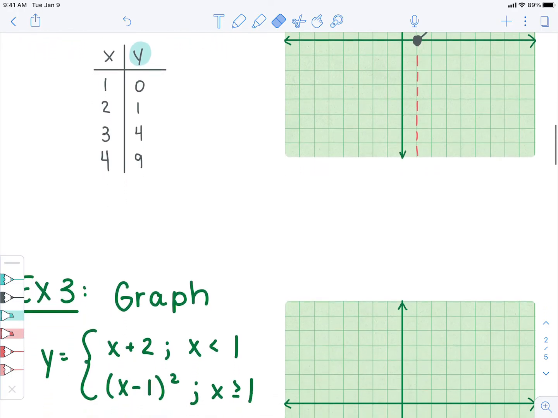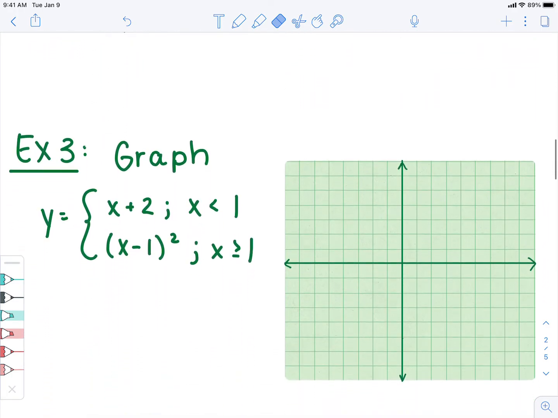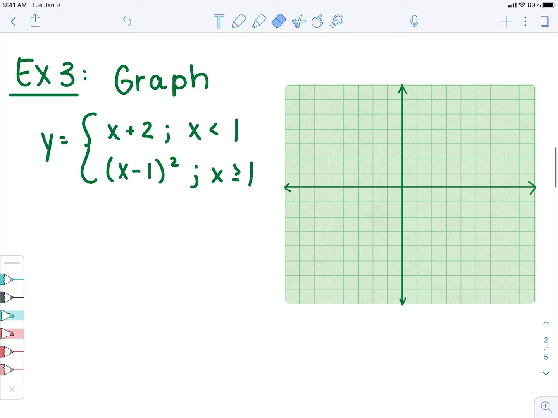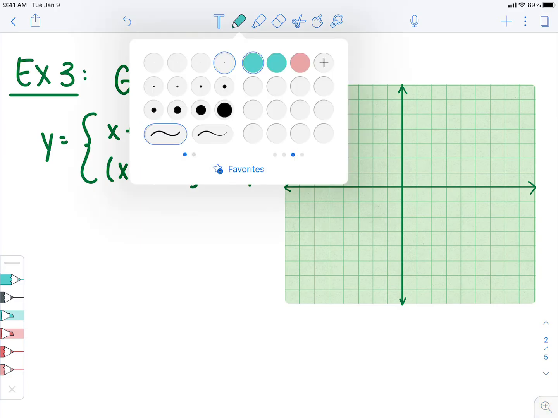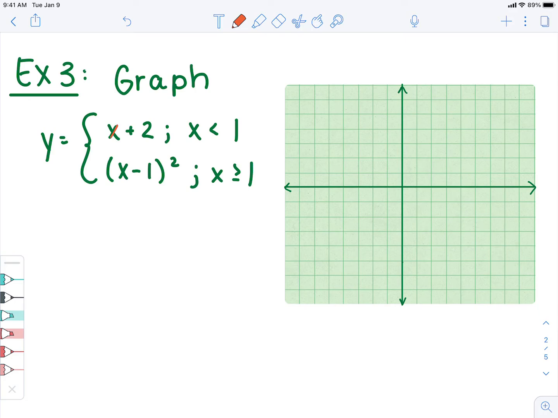So, number 3. All of a sudden, we're going to step it up a notch. Here's where you're going to use 2 different colors. So, when you write this down, I don't think you're going to be able to see this blue, so I'm going to use a different color. I'm going to use orange. And I have x plus 2. I'm going to graph in orange.